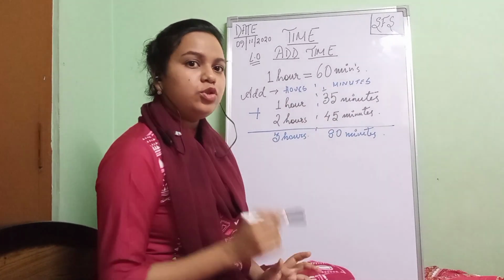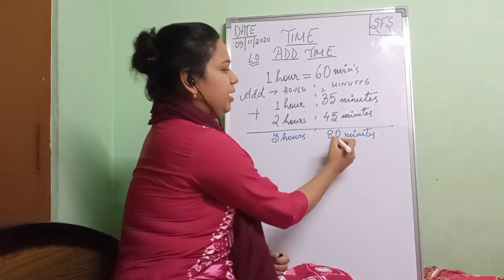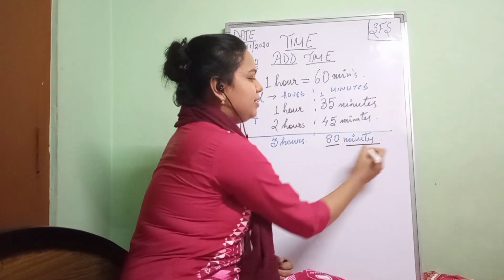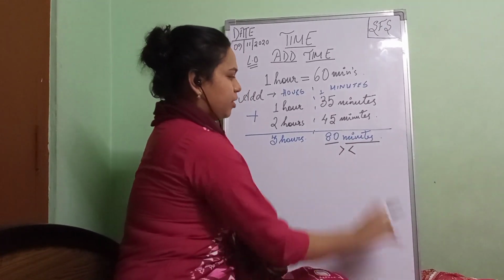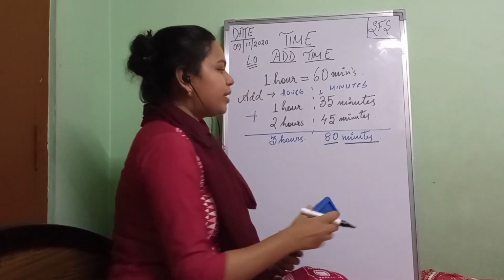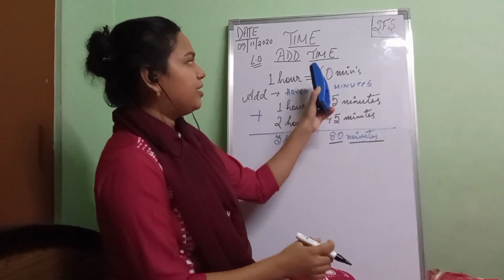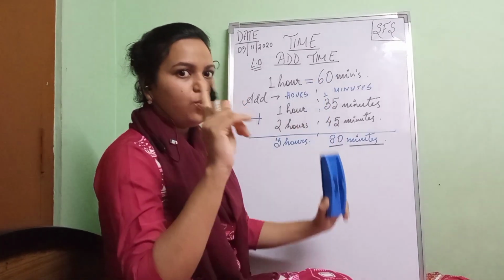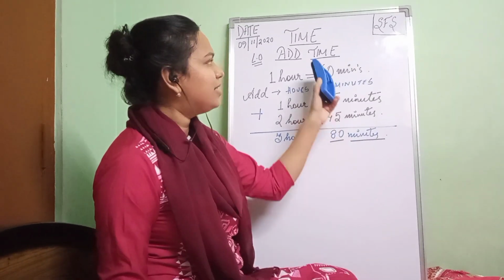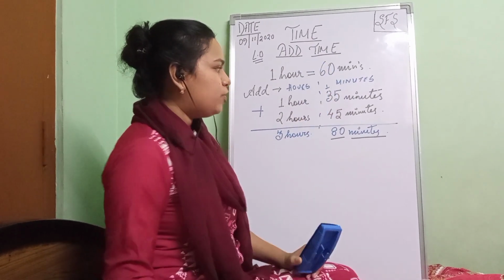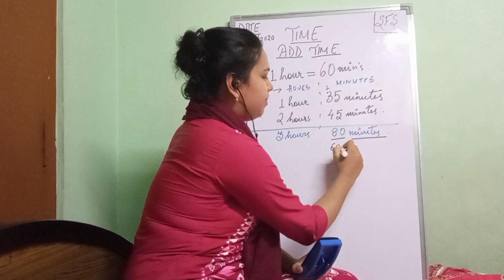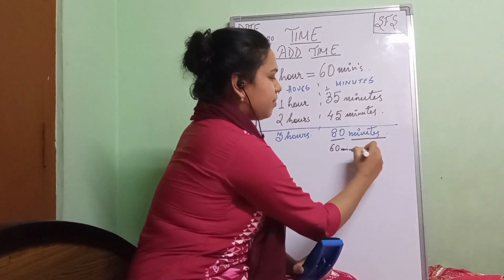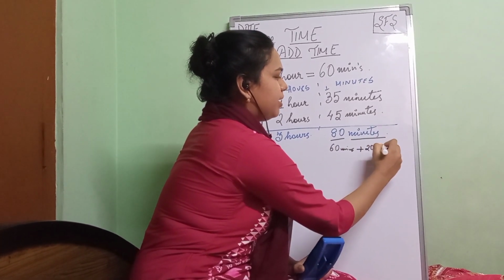Okay, children. Now, you have added the hours and the minutes separately. After that, you have to do one thing. You have to see if the minutes are less than 60 or greater than 60. Here you can see that 80 is greater than 60 and 1 hour already has 60 minutes. So what we do, this 80 minutes can be written as 60 minutes plus 20 minutes.